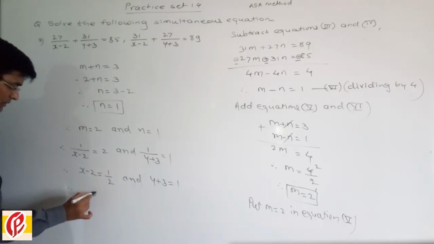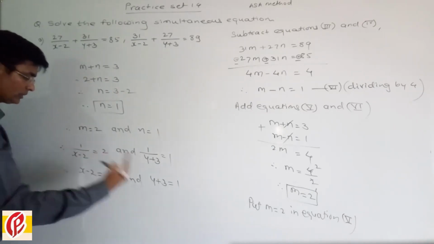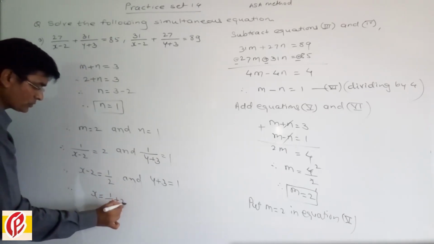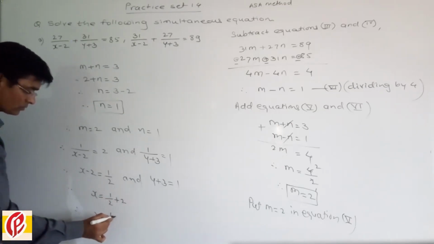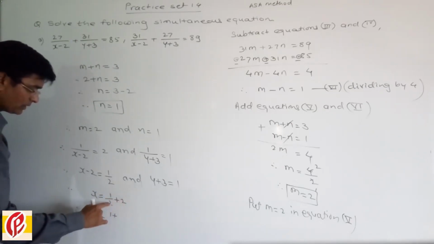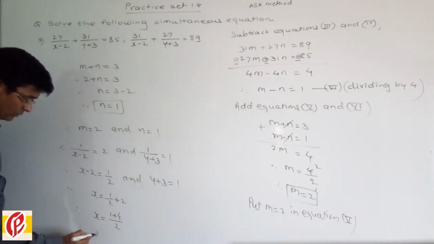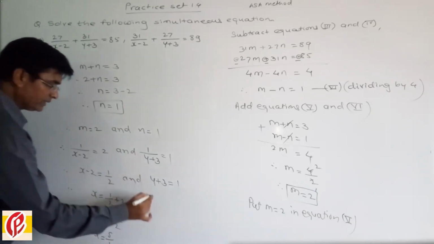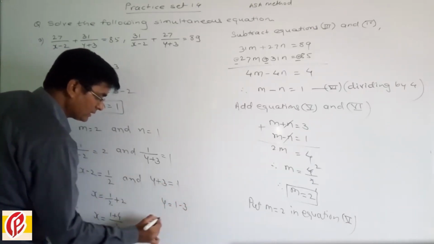Therefore next step is x minus 2 is equal to 1 upon 2. Here is a constant number, so you will have to shift it to the right side. So minus 2 will be plus 2. So x is equal to, by cross multiplication, 1 plus 4 divided by 2. So x is equal to 5 divided by 2. And here y plus 3 is equal to 1, so plus 3 will be minus 3.